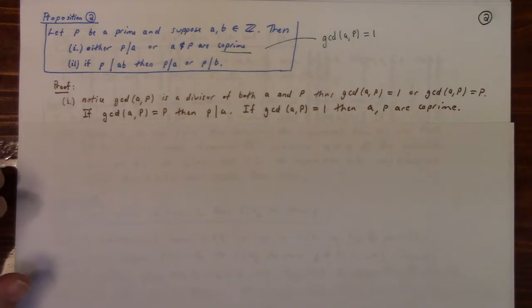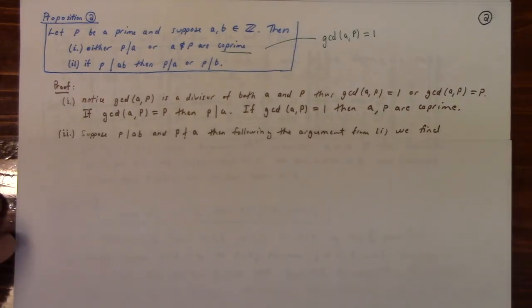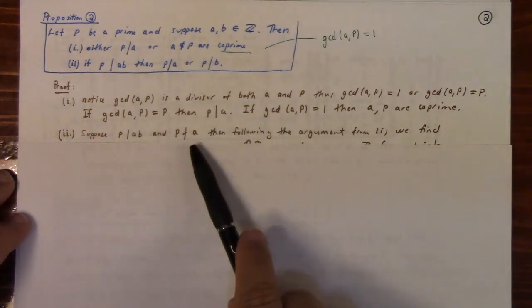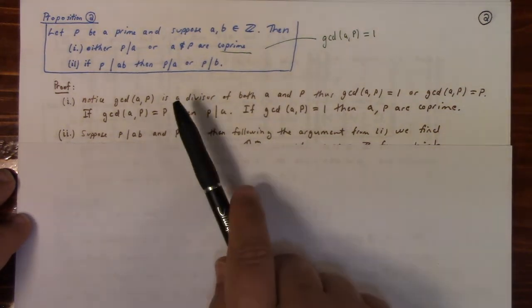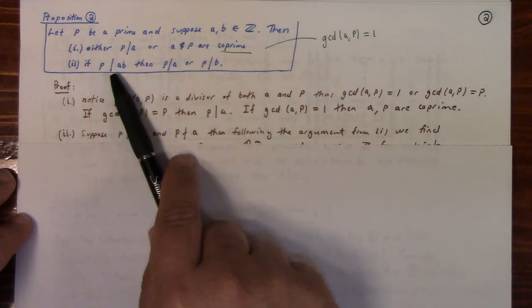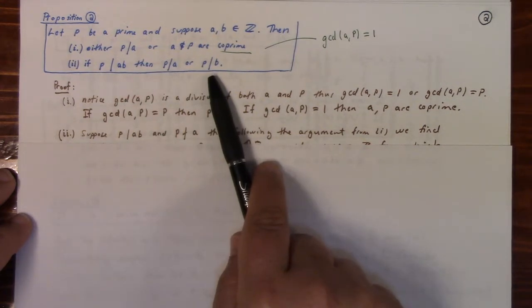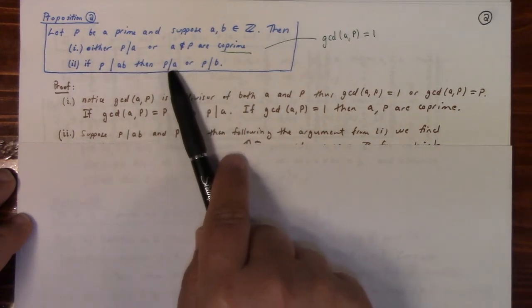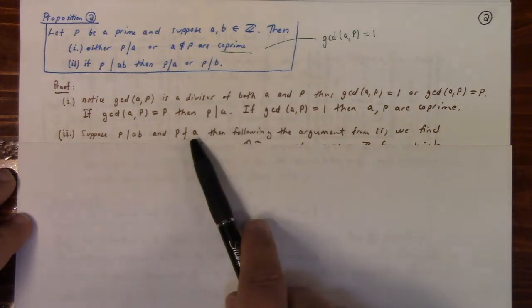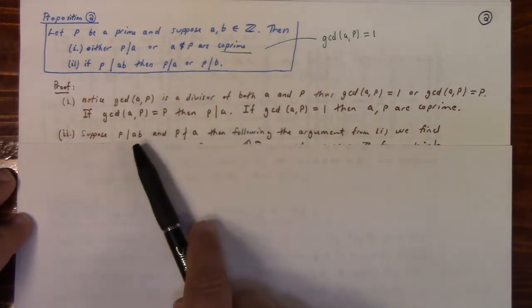All right, next up here. This one was a little bit more intricate, the proof, I suppose. If P divides AB and P does not divide A, right, then what do we want? If we want to prove it, either P divides A or P divides B, right? And here A and B appear symmetrically, right? So suppose P does not divide A. Then we need to show what? P divides B. So let's see how that goes.